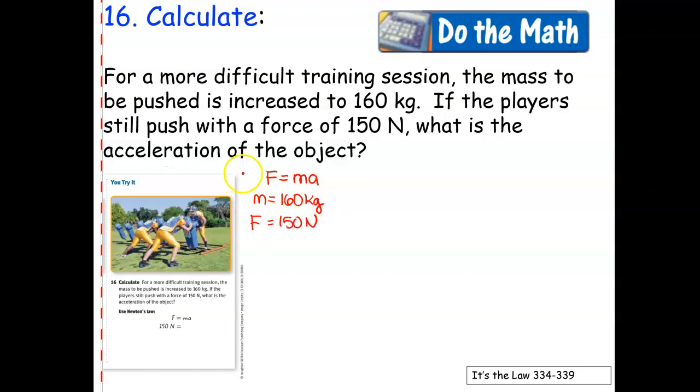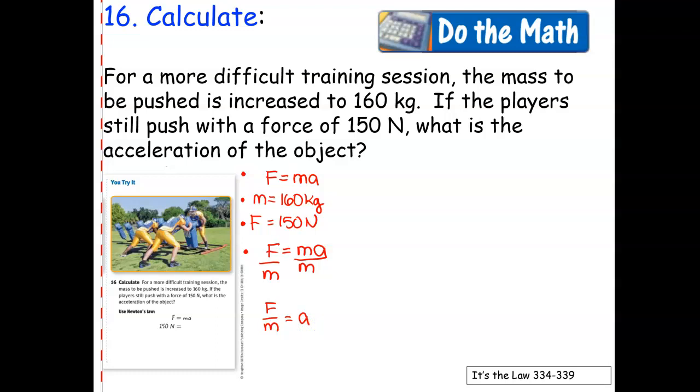So inside, you have to show your work. So you could show the equation, give the values that you know, and then we're going to manipulate the formula to solve for the variable we want, which is acceleration. So we divide each side by the mass, and that gives us force divided by mass equals acceleration.